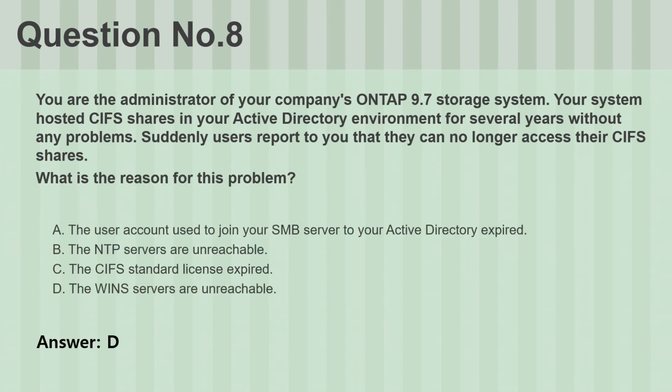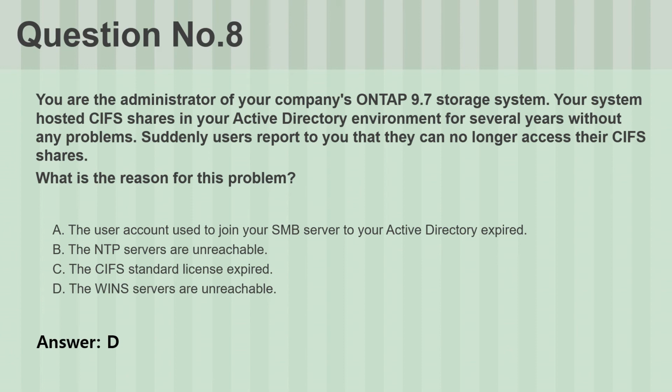Question number 8. You are the administrator of your company's ONTAP 9.7 storage system. Your system hosted CIFS shares in your Active Directory environment for several years without any problems. Suddenly users report to you that they can no longer access their CIFS shares.